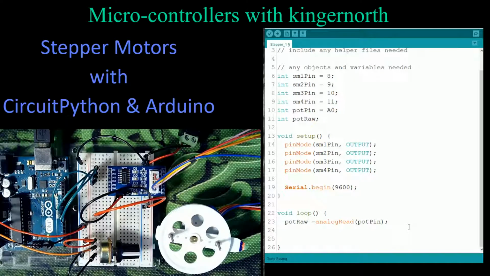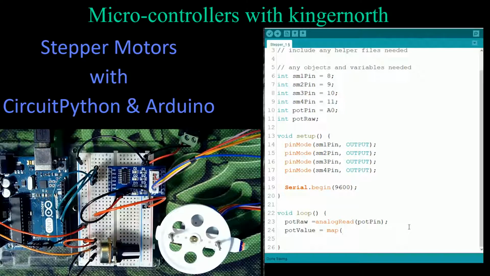That's quite a big number to be working with for what we're going to be doing today, so I think I'm going to remap that value. We've done mapping a couple of times in the past. I can just put in here a variable that's going to replace pot raw, which is now pot value, equals map, which is our function.